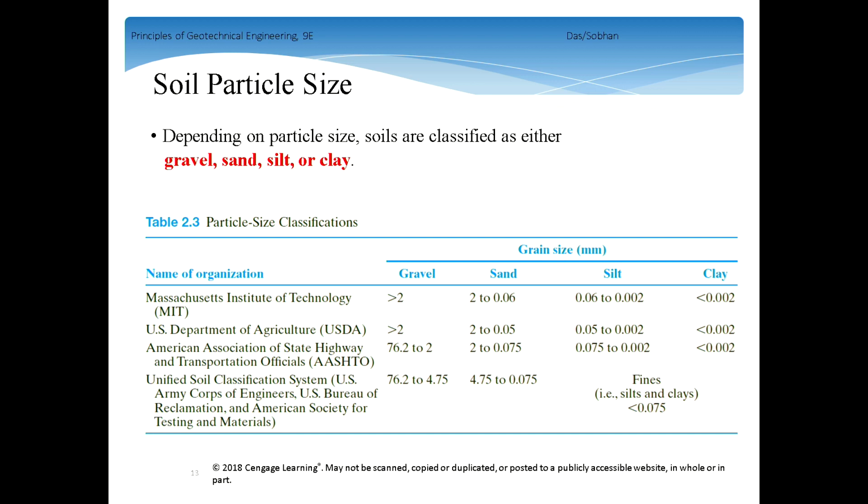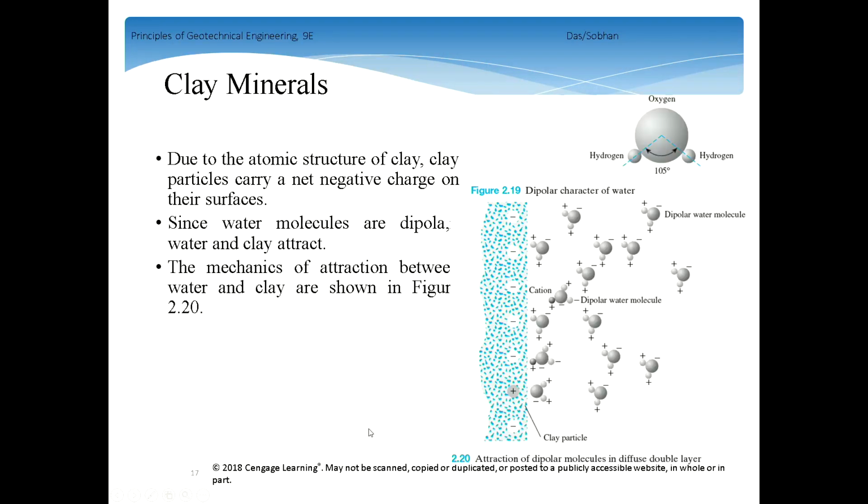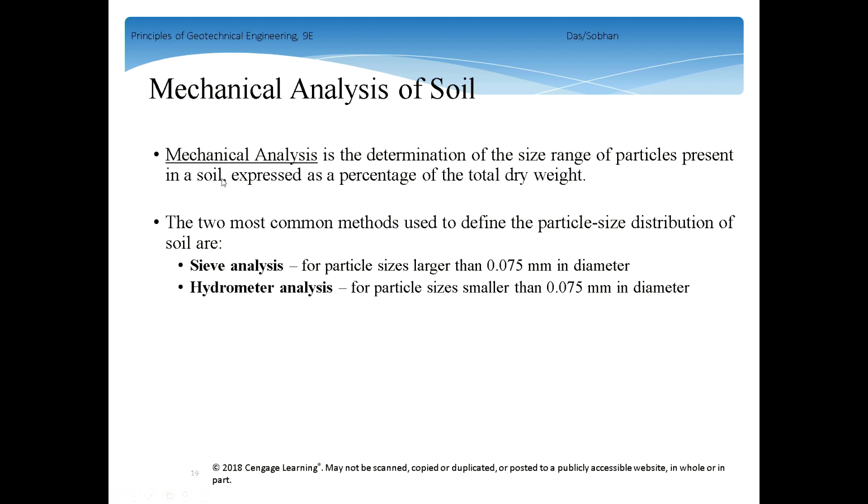As I said, a soil can't have only one particle size. It always has a range of particle sizes. So we need to know the particle size distribution along the grain size, right? We call this the mechanical analysis of soil.